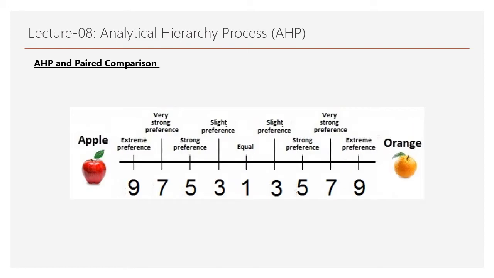So this is the scale. For instance, if I slightly prefer apples to oranges, I would use this 3 towards the apples. However, if I very strongly prefer oranges to apples, I would use the number 7. This is just a way to use those scales to show preference of one item to another, or one criterion to another.